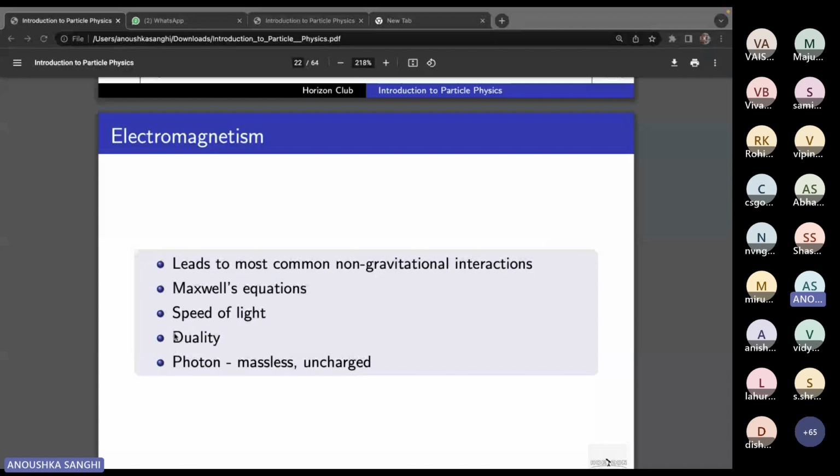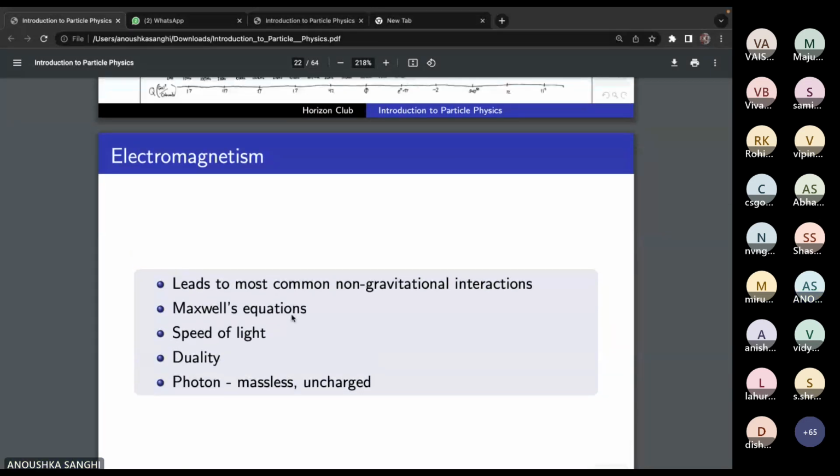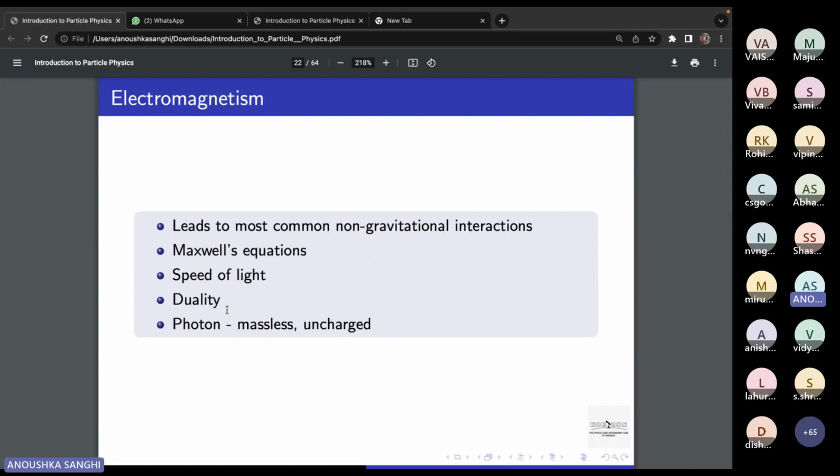I've talked about the longer range, and also the Maxwell equations, which talk about the fundamentals of electric and magnetic fields, and how these equations help us solve problems related to electrodynamics. And also the wave-particle duality.